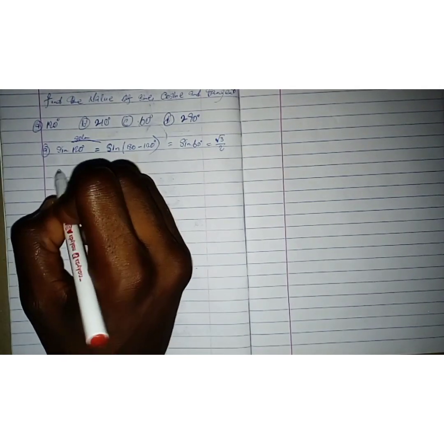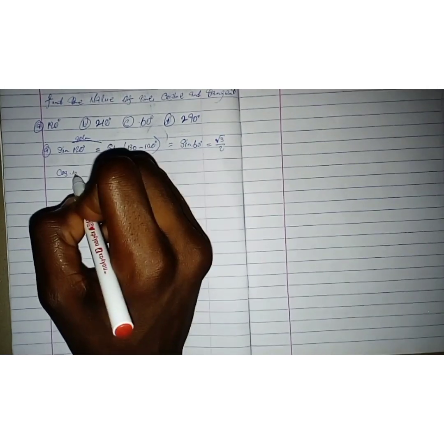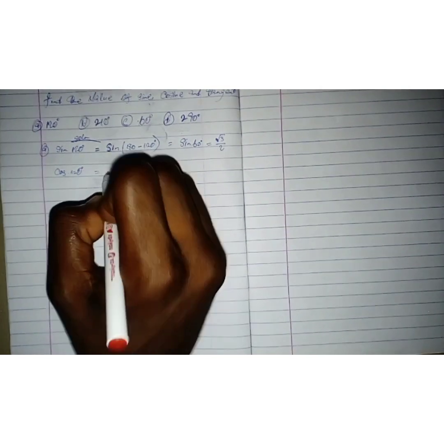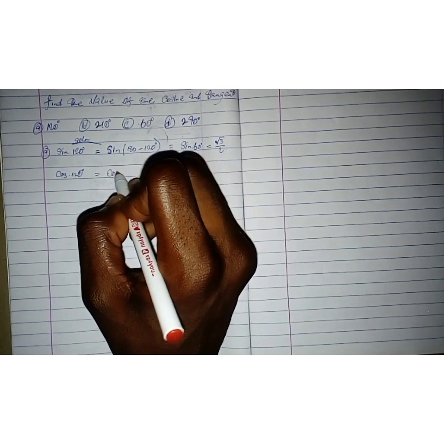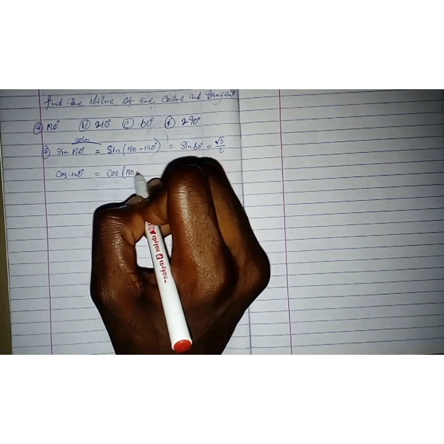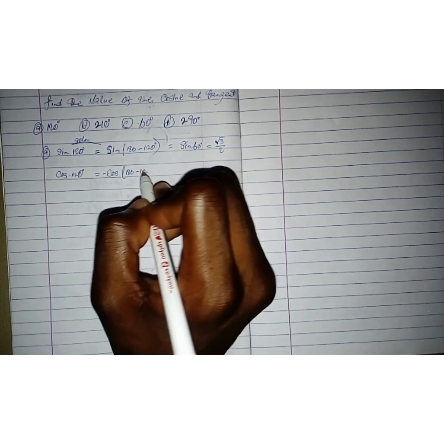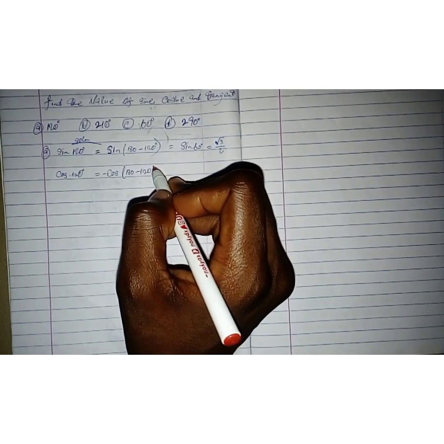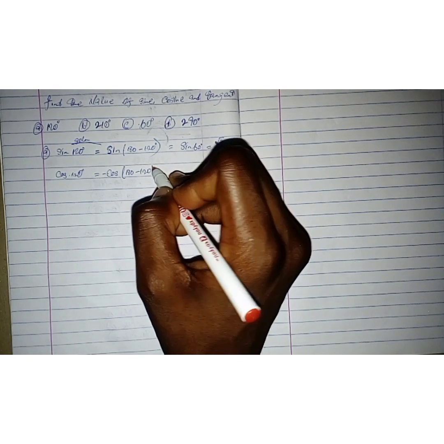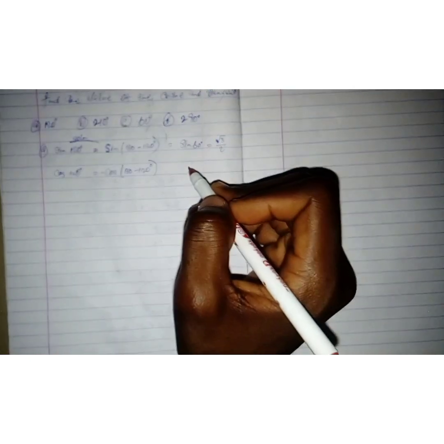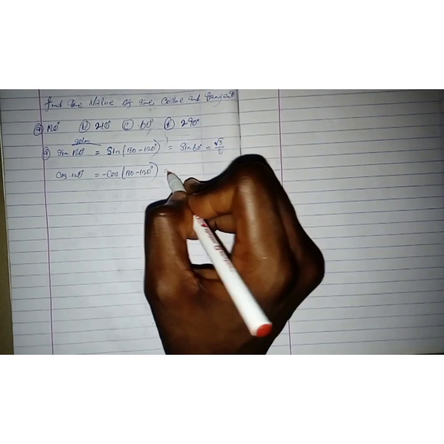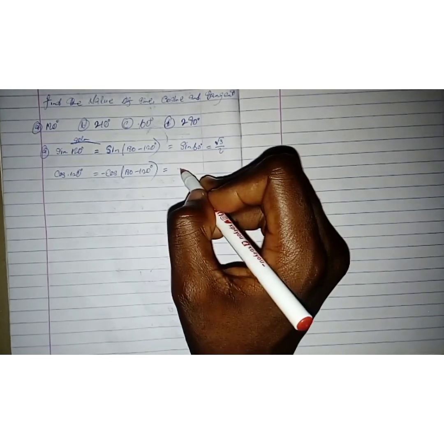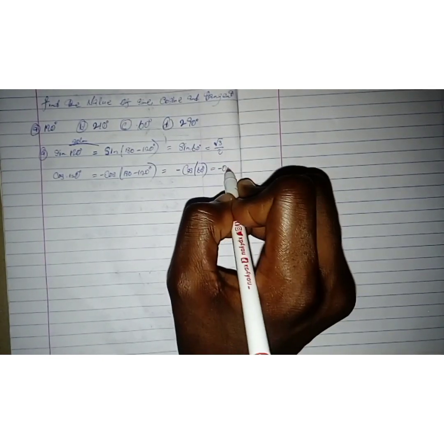And for cos 120, we have negative cos of 180 minus 120, which would be negative cos 60 degrees, and this is negative 0.5.